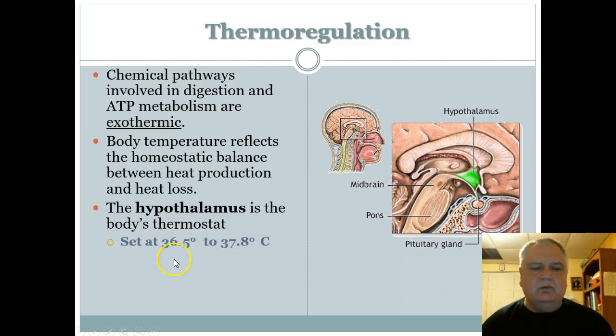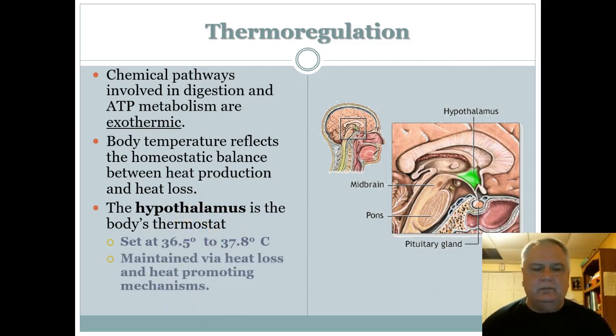However, if the body temperature drops below 36.5, let's say it's a cold day outside, the hypothalamus again will signal body physiology that will result in an increase in body temperature, bringing it back up to 37 degrees Celsius, or at least attempting to do that. Now, how does the hypothalamus do that?